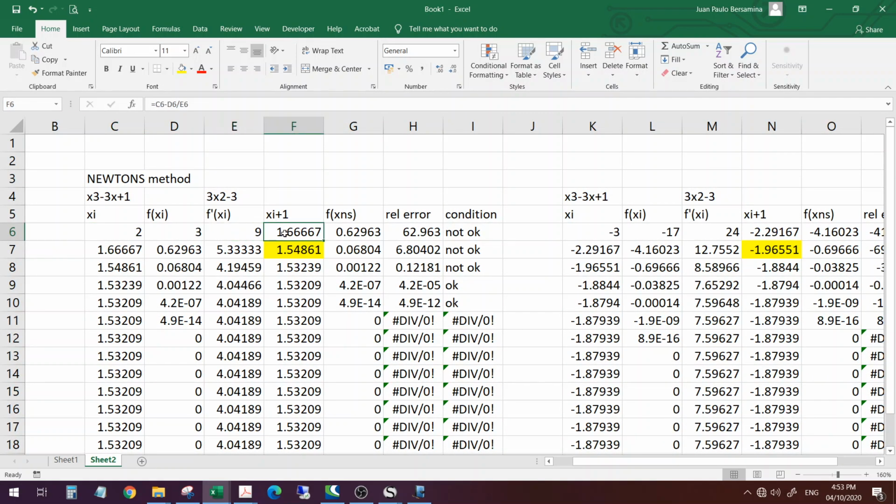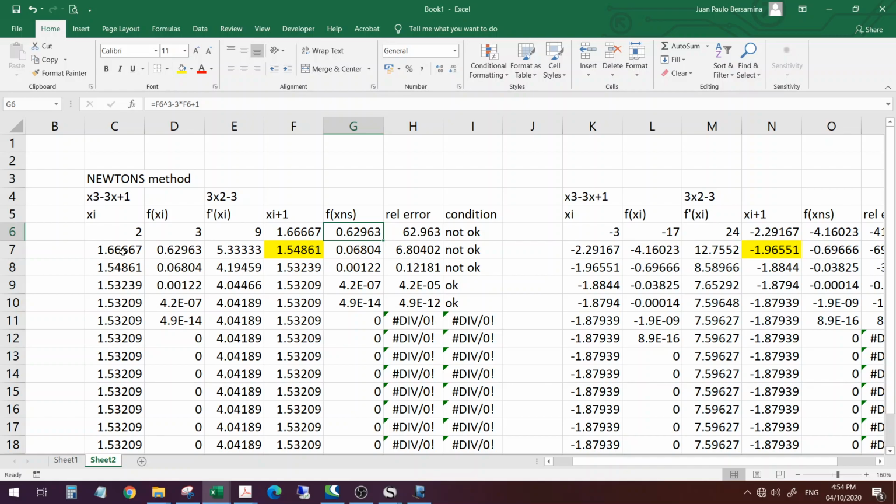And applying the formula, xi plus 1 is xi minus f of x over f prime of x. So which is 1.667. And substituting this xi plus 1, you will have this 0.62963 for f of x.